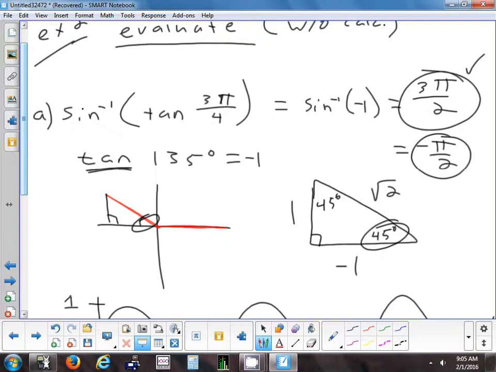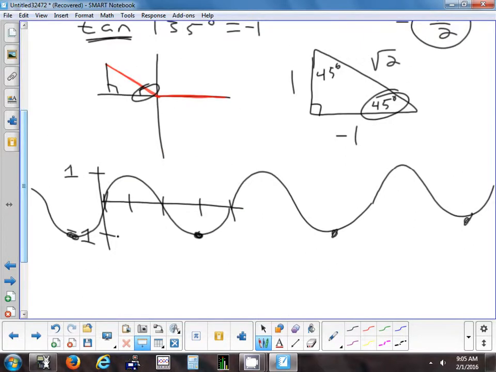They're not going to ask you for an answer that's way out here. They're going to ask you for one that's pretty close to the origin, either the first positive answer or probably the first negative answer. Any question on how we found that? You just have to know that this answer repeats every 360 degrees, backwards and forwards.